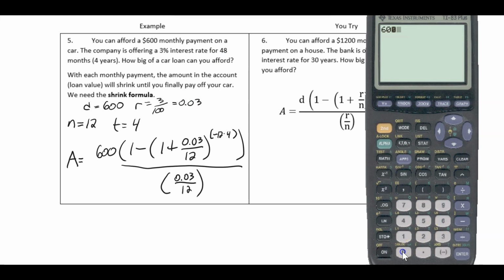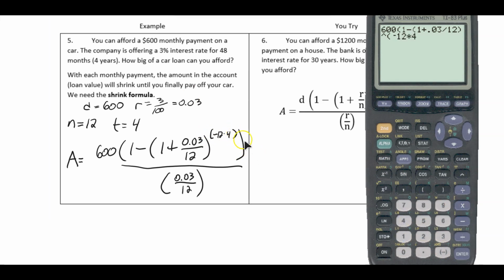So we have 600, left parenthesis, 1 minus, left parenthesis, 1 plus 0.03 divided by 12. Now here we have a right parenthesis and then exponent. So right parenthesis, then your exponent button. Left parenthesis, negative 12 times 4.